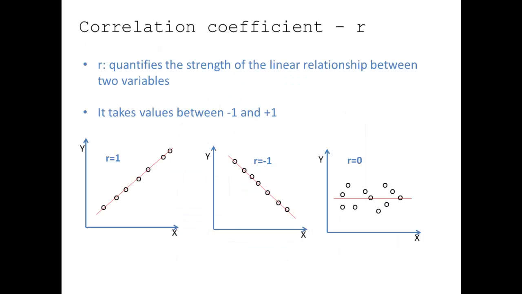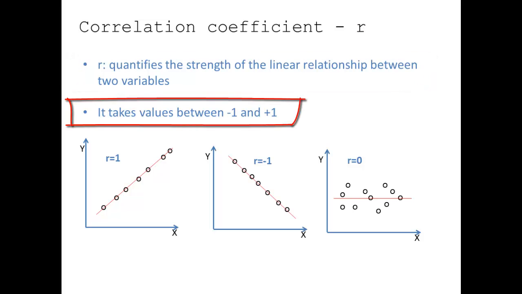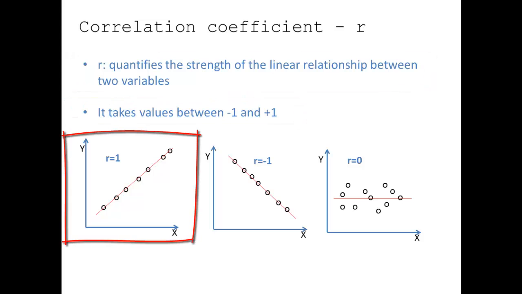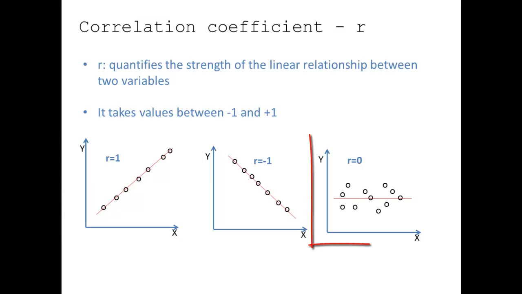So we're now going to talk about the correlation coefficient, often just abbreviated to R. So the correlation coefficient is a sample statistic used to quantify the strength of the linear relationship between two variables. It can take values from 1 to -1. 1 is a perfect positive correlation, -1 is a perfect negative correlation, and 0 indicates no linear relationship or no correlation.